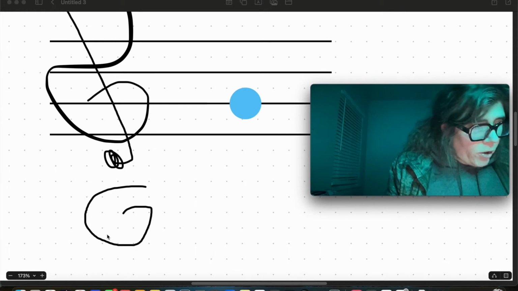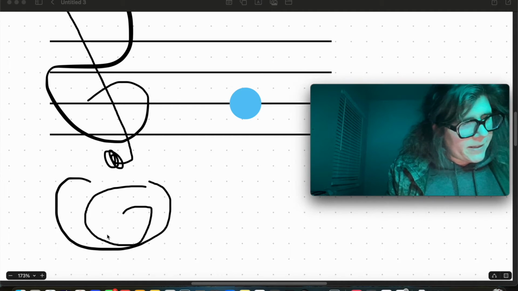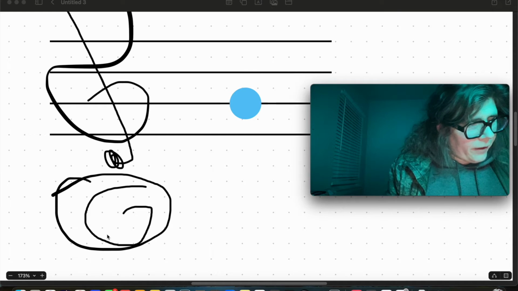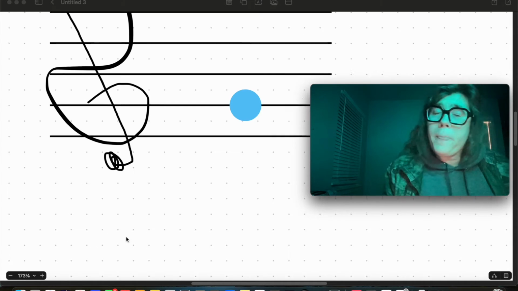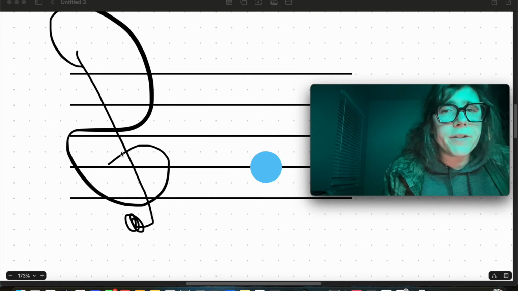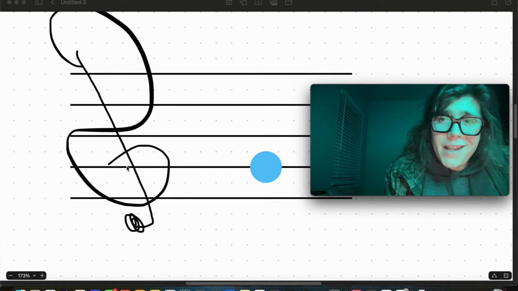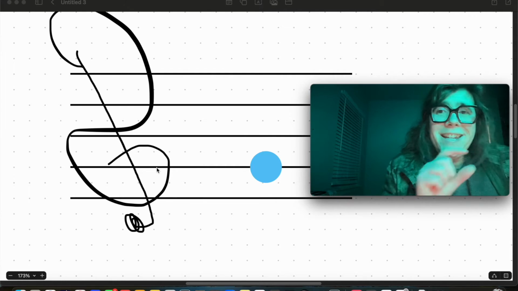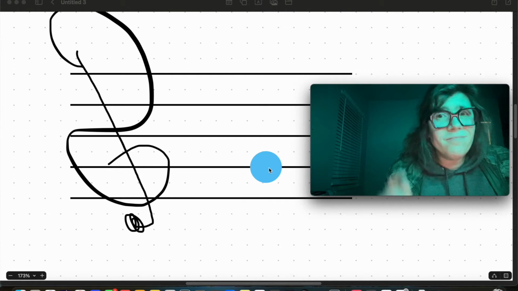It's a G. So the significance of that is that the treble clef, when it's present like this, is telling us that the second line, counting from the bottom, is a G. Any note on that line is a G. So this pitch right here, it's a G.